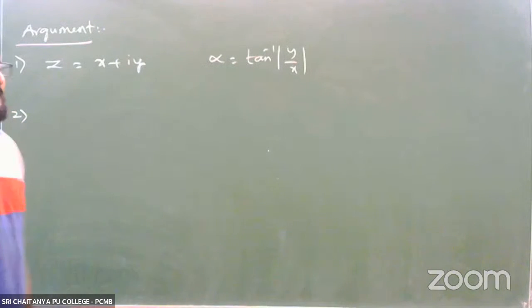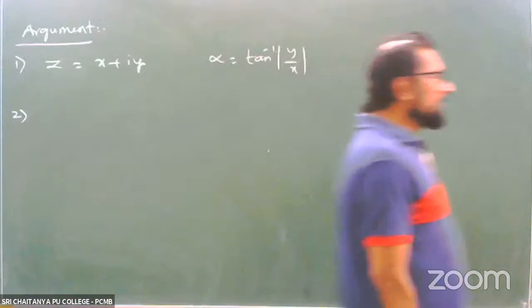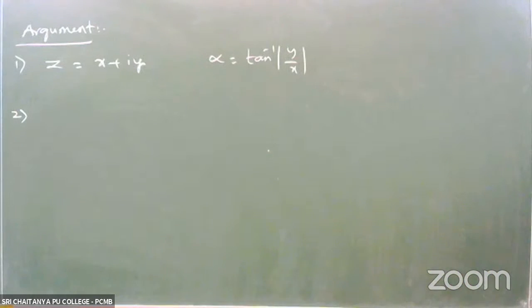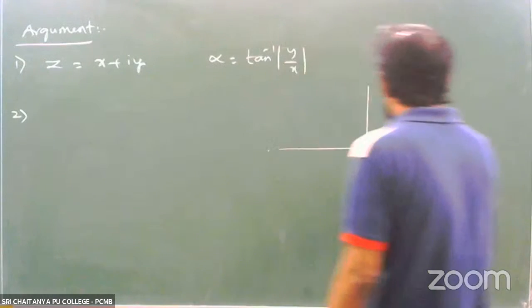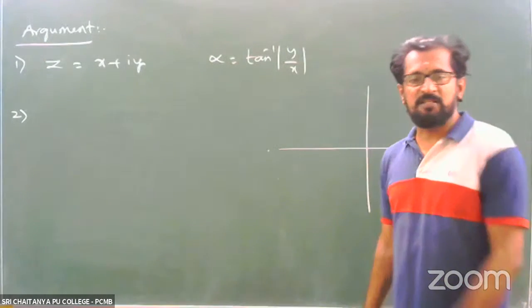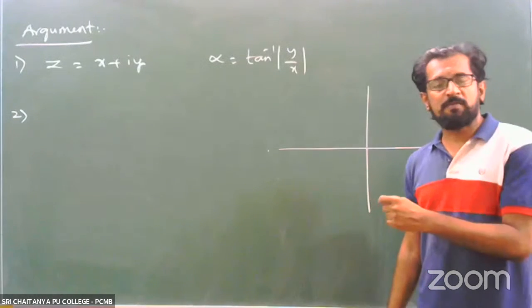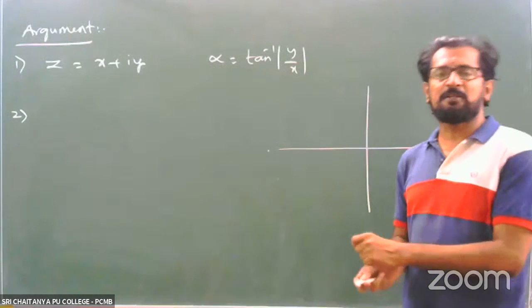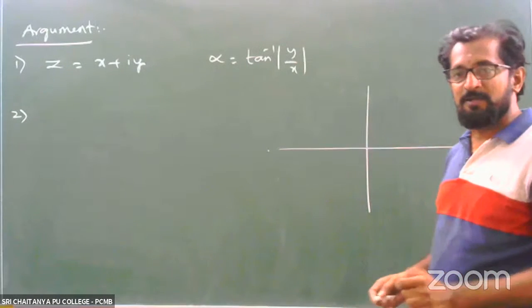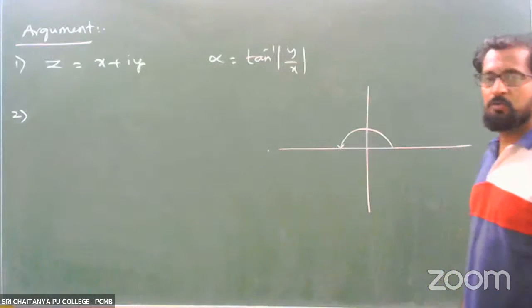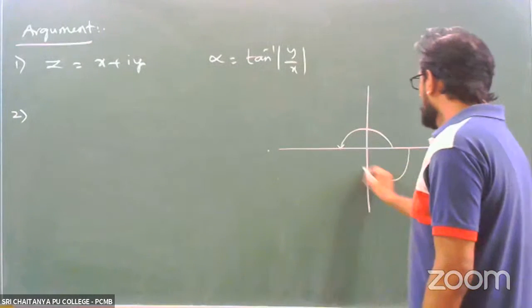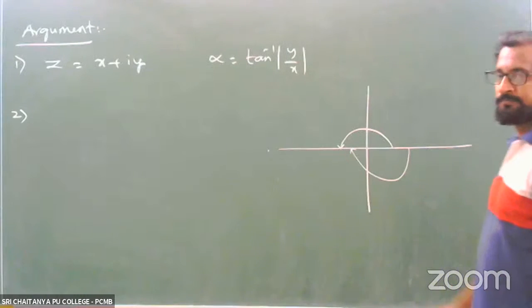The argument of any complex number depends upon the quadrant in which the complex number lies. While you are measuring the argument of a complex number on the Argand plane, you should take two quadrants positive and two quadrants negative.